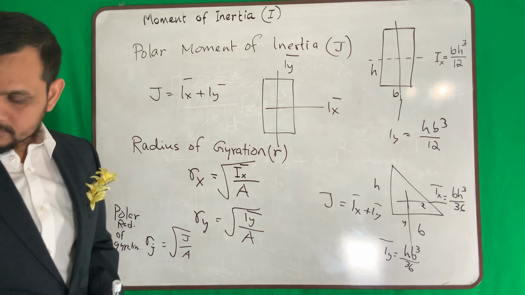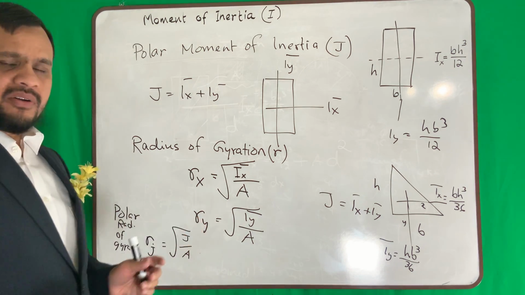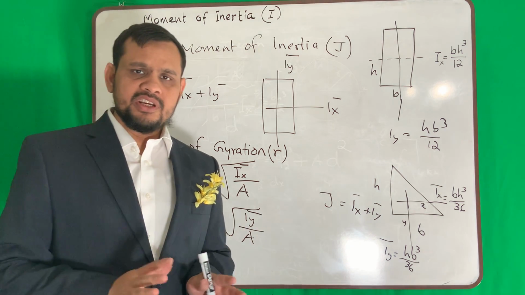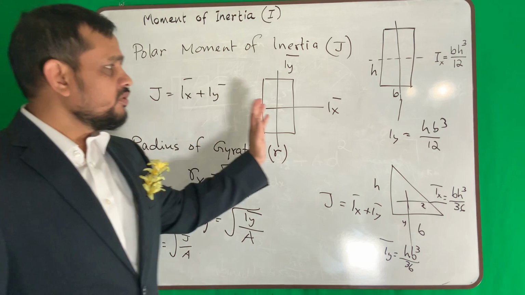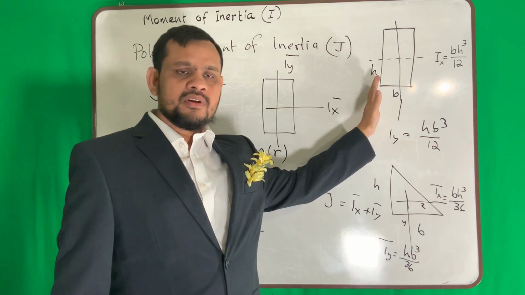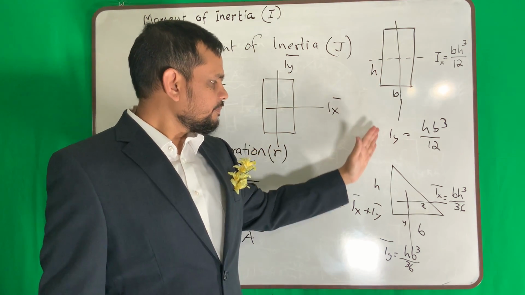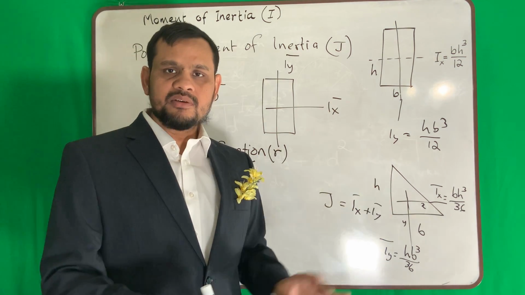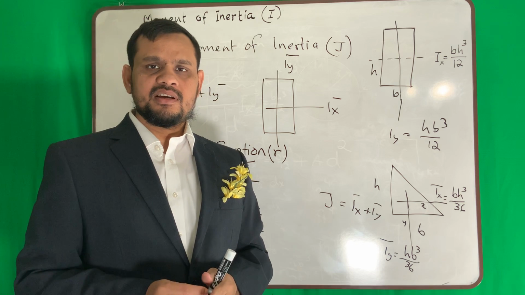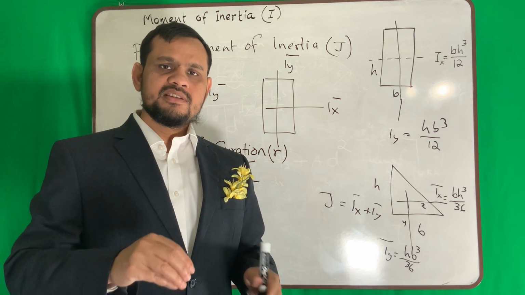Okay, so I think we covered the basic theory we need to calculate moment of inertia. Again, we will memorize some values for rectangle, triangle, circular, and some other basic sections that are listed in your book.